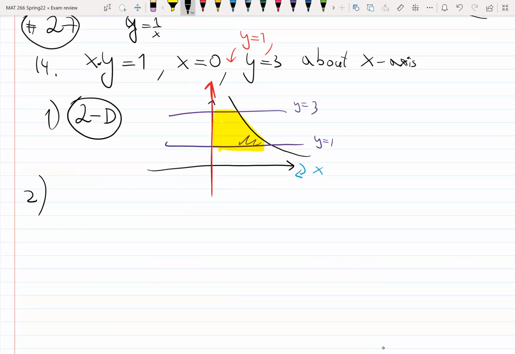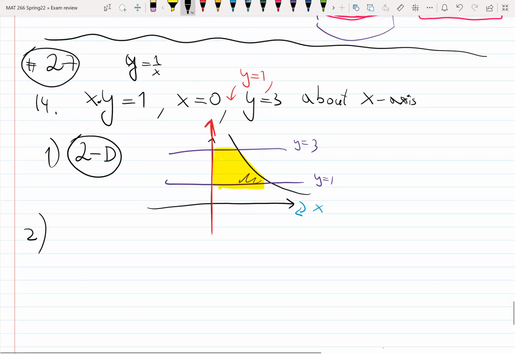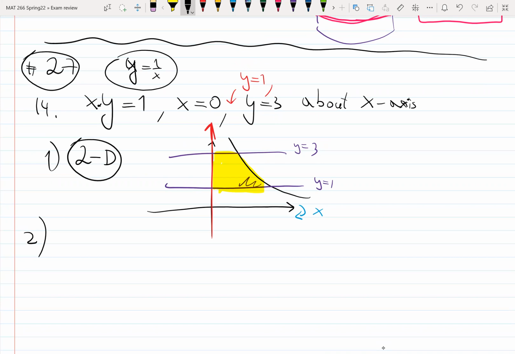Step 2. Since it's rotated about the x-axis, you expect to do dx like in the previous chapter. And actually you could do it here, but then you will have to write down y equals 1 over x, these kinds of things, and find points for x. But we are already given points for y, which is kind of convenient, and it would be nice to have dy here.